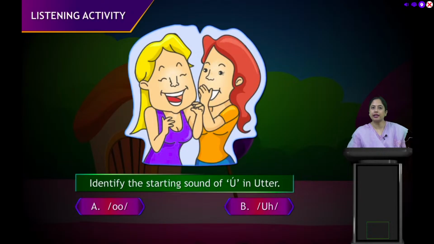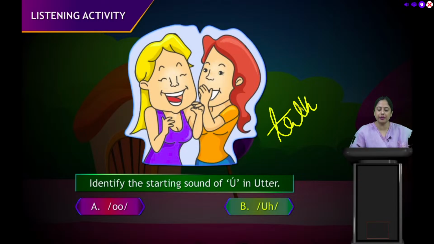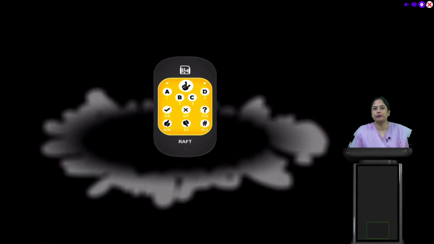Utta or utter? Very good. It is option B. Utter. Utter means to talk. She's uttering something. Means she's speaking something. She's saying something. Utter means to say something. U-T-T-E-R. The right answer is option B.